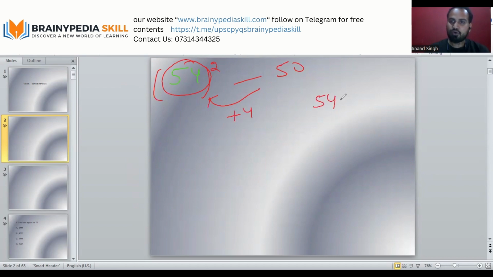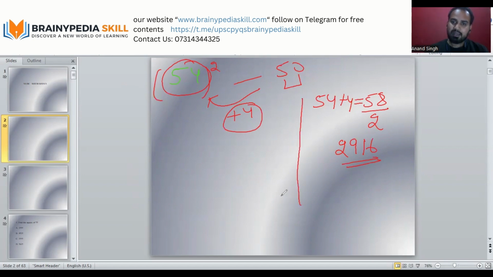Add 54 plus 4, which is going to be 58. Do the half of this number. Why half? Because we are taking the base as 50, and the steps we are taking are for the base of 100. For that reason, we have to divide it by 2. So after dividing by 2, we are going to get 29, right? And what is the square of 4, the difference? It is going to be 16. So this will be the square of 54, right?